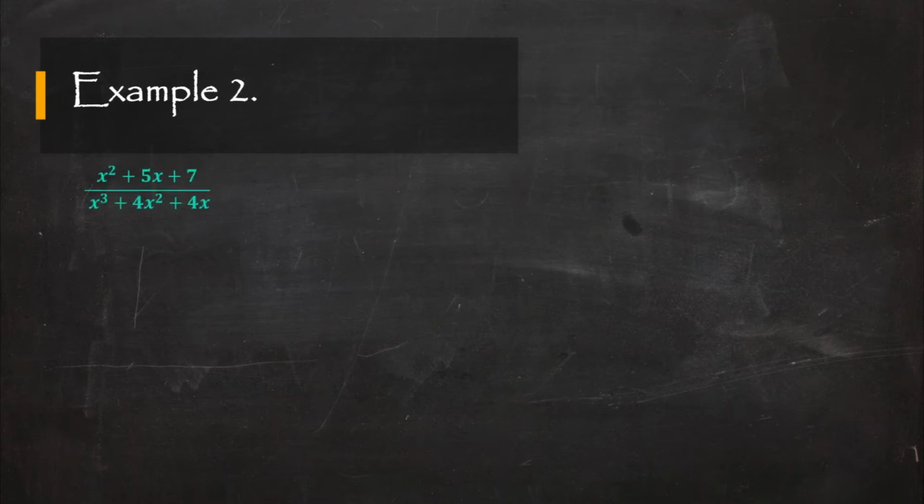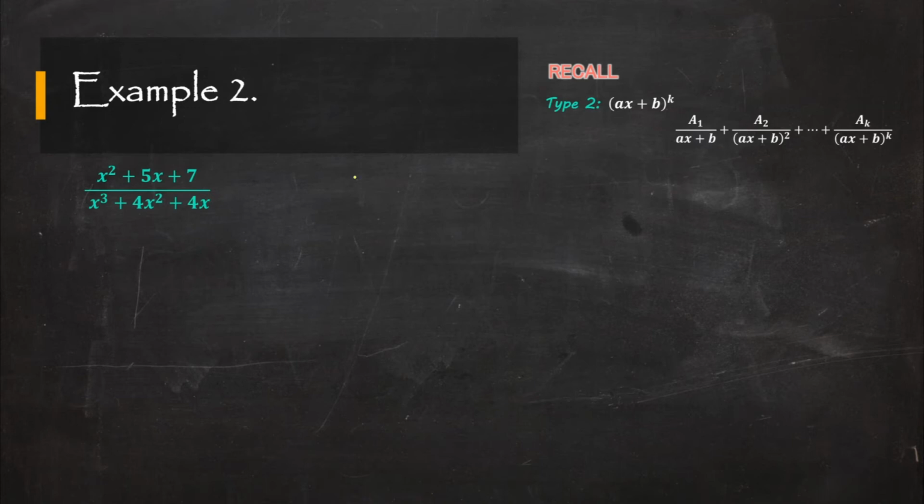So I have (x squared plus 5x plus 7) over (x to the third plus 4x squared plus 4x). And again, this is the recall for the type 2. So the first step is to factor out the denominator, right?